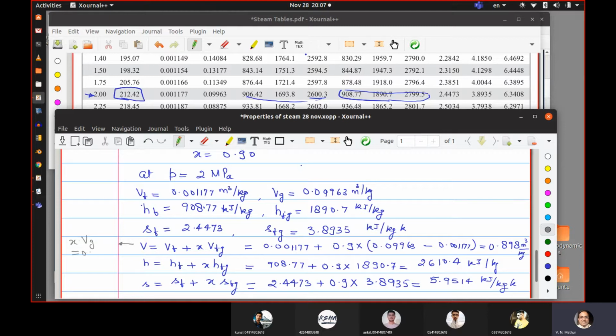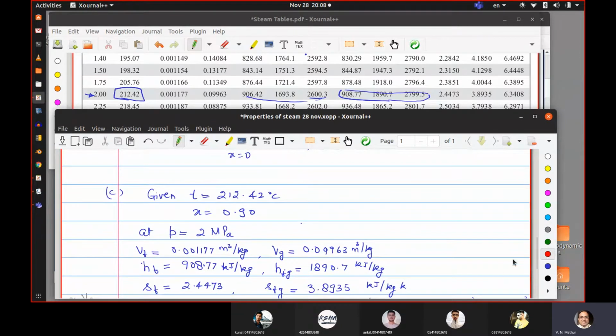This would have given us 0.9 multiplied by 0.09963, and the value would have been 0.89667, which can be written as 0.897 with 3 significant figures. So this would have been the volume.